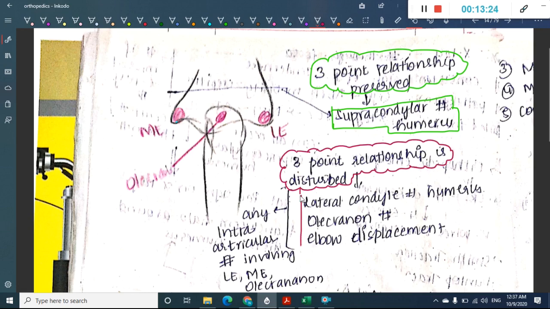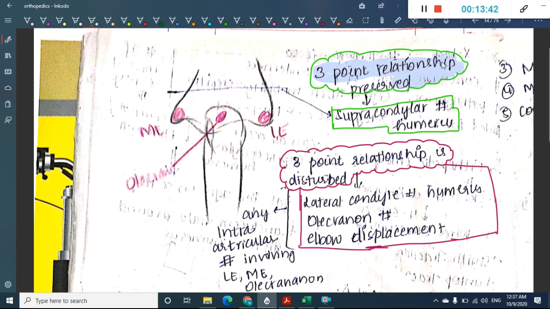One, lateral condyle of humerus, because the lateral condyle becomes fractured and as a result it separates from the rest of the fragment, thus the 3-point relationship is disturbed. Or it can be due to olecranon fracture, similar principle, right?